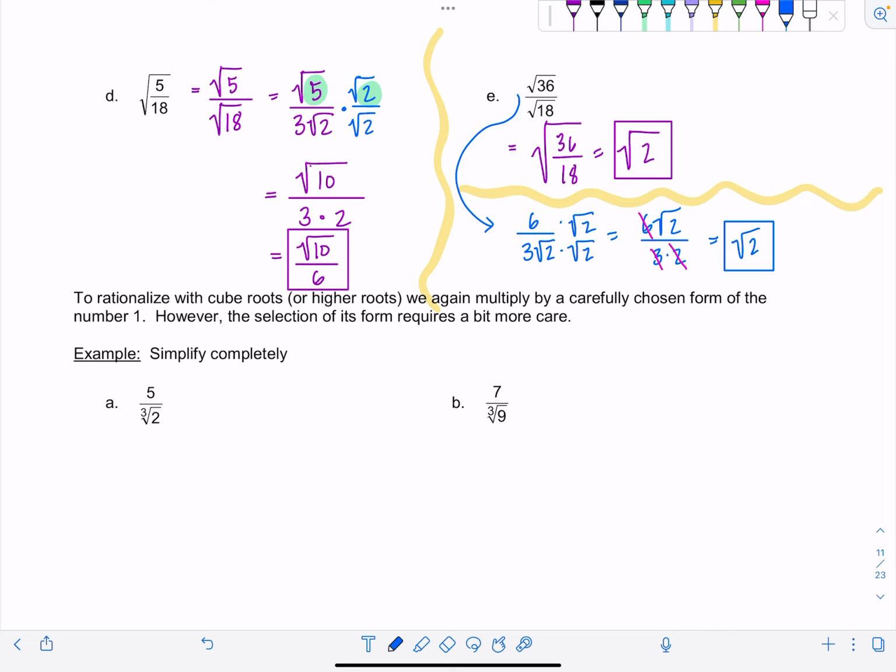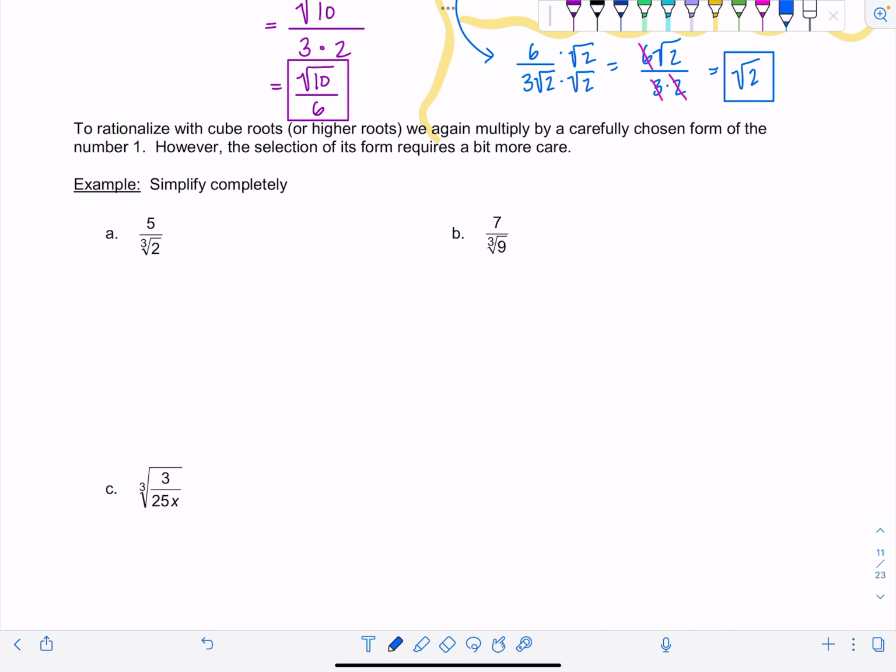Last idea, okay? It can be a little trickier to rationalize with cube roots or higher roots. But all you have to do is match the number of factors underneath the radical with what the index is. Okay, so for example, if you have cube root of 2 right here, and you want to get rid of that, you don't just multiply by another cube root of 2. You would need 3 2's, right?